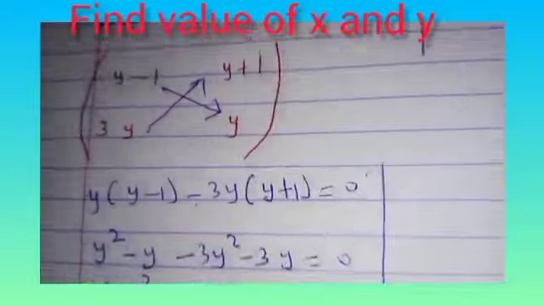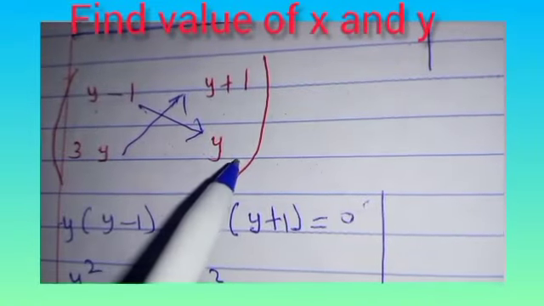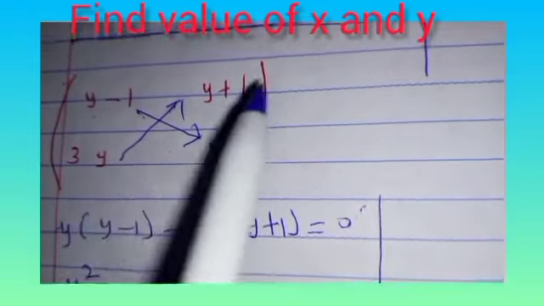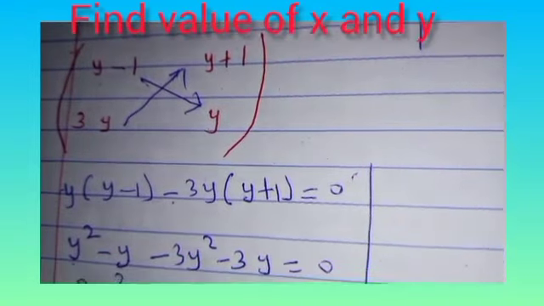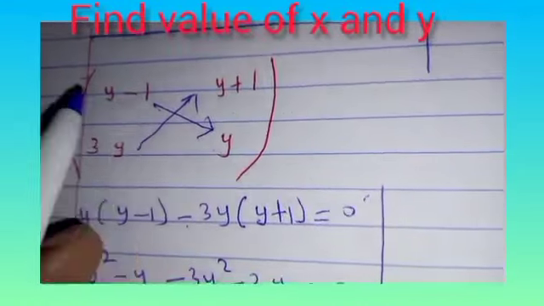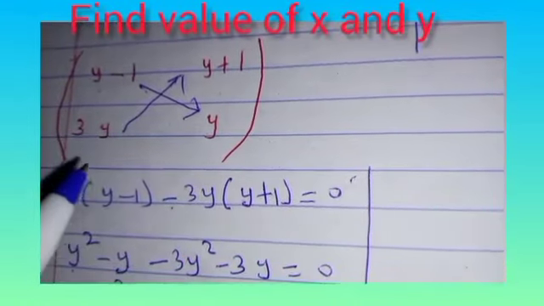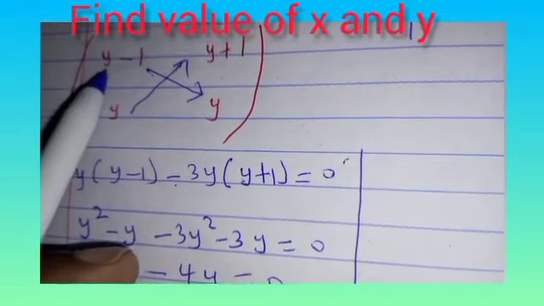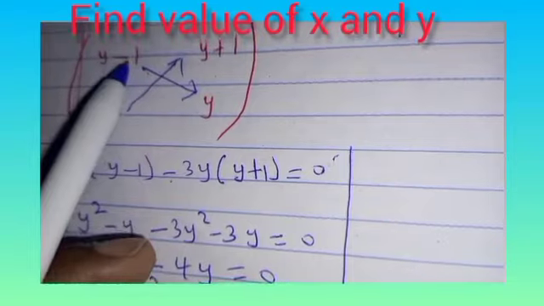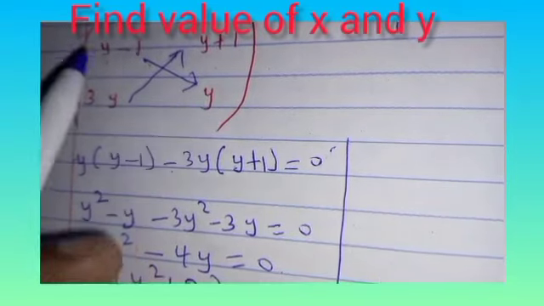We can check and see when y is 0, this part here will give you 0, and this other part will give you 0, meaning that y is equal to 0 is a solution for this matrix to be singular. When y is negative 2, here you have negative 3 multiplied by negative 2, it will give you 6.